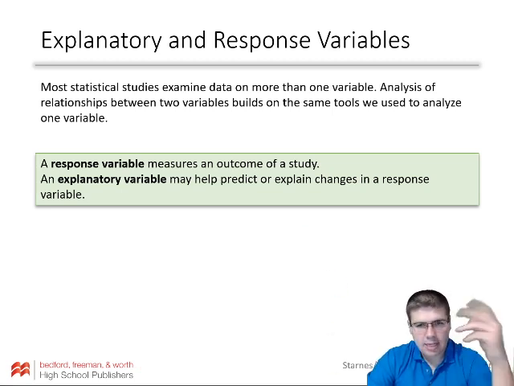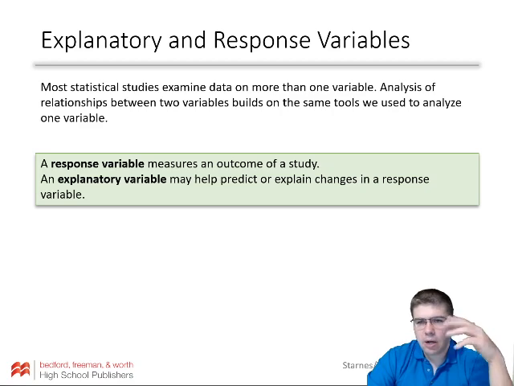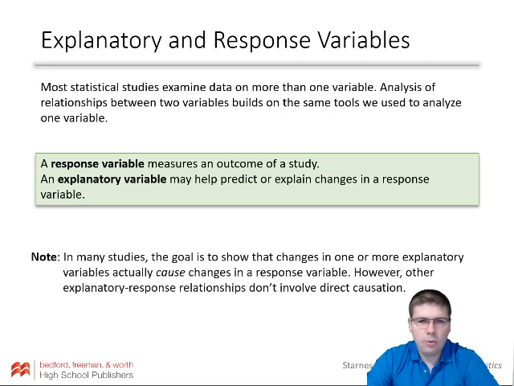So that's a lot of times the case, but not always. We'll see counters to that where we're just looking at relationships. We may not have that explanatory and response defined early on, but we can come up with that. So the response is that outcome.